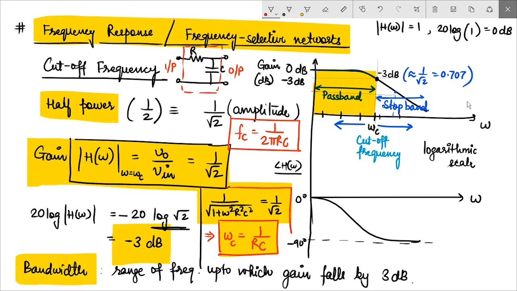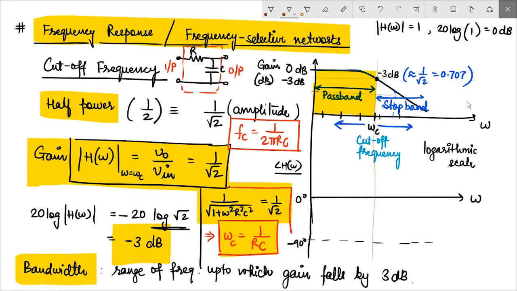Now, another very important aspect to understand here is the phase spectrum, that is this spectrum. We notice that the phase difference between the output and the input also changes as frequency changes. At the cutoff frequency, what was the angle?